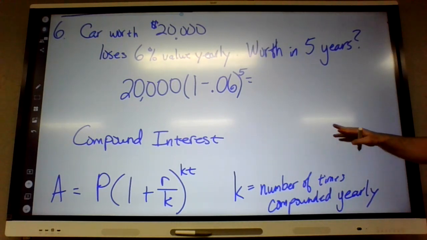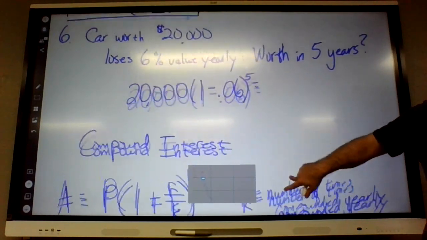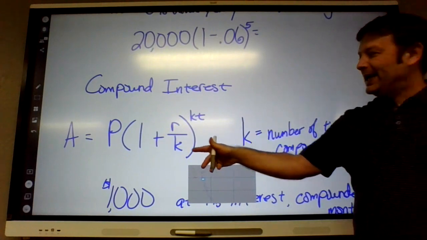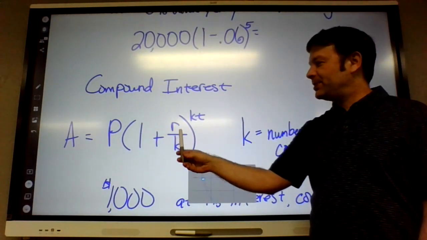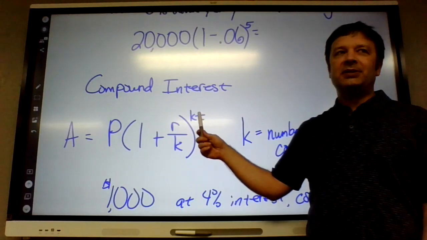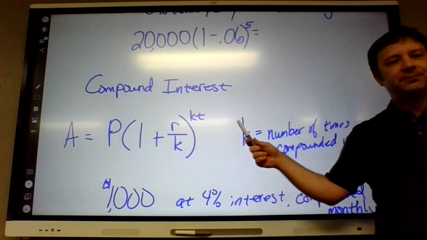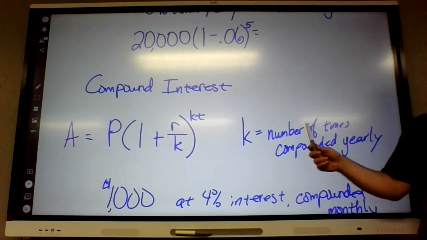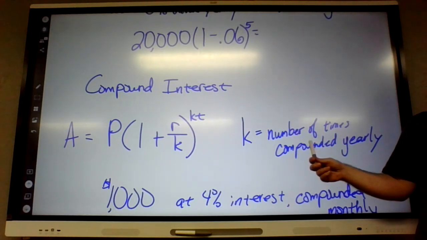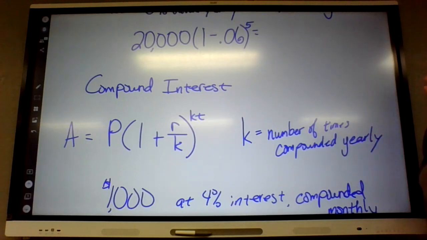All right. So besides just the growth rate formula, we also did the compound interest formula. Instead of just 1 plus r, it's 1 plus r over k, and instead of just the t, it's kt. What did the k stand for? Do you guys remember? It's the number of times your investment is compounded yearly.